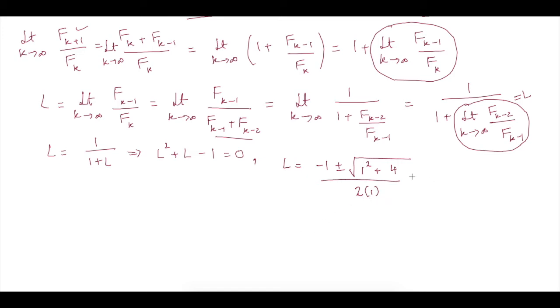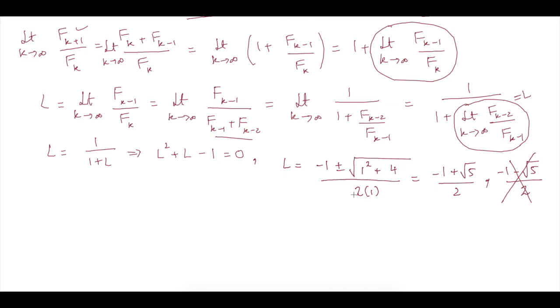Correct? So then I can say minus 1 plus root 5 over 2, or minus 1 minus root 5 over 2. Now note that this is not the right answer, or we can discard this, because Fibonacci numbers are always positive numbers, right? So their ratio cannot be a negative number.